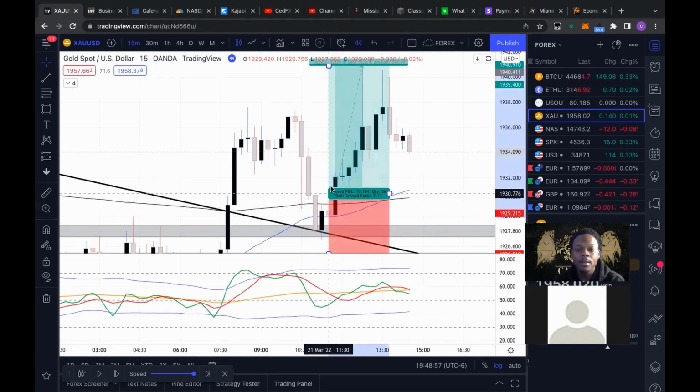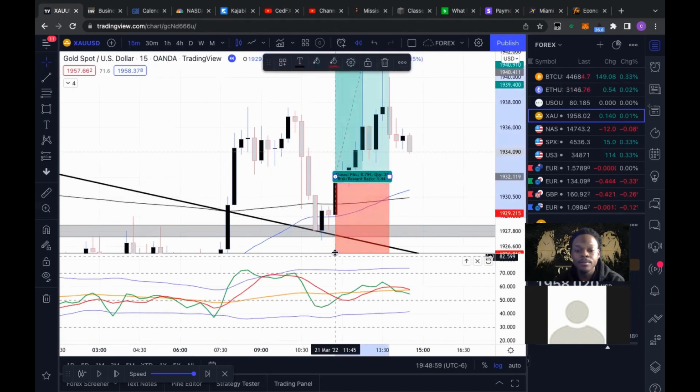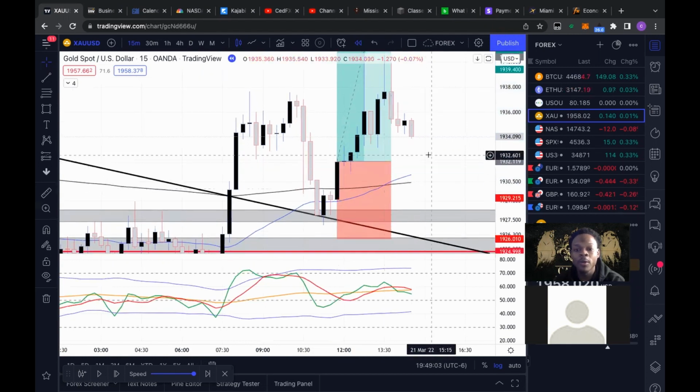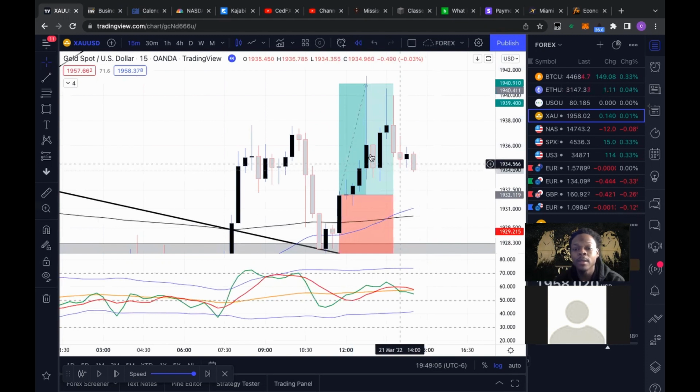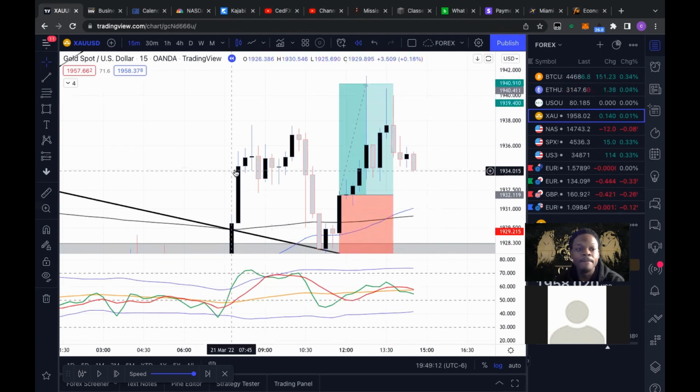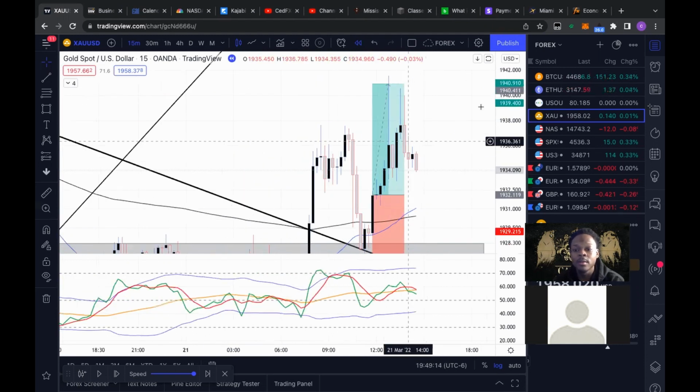That would look like this. And at that point, you're trading about a 1-to-1 ratio. But either way, it hits TP. And that is a great amount of pips.